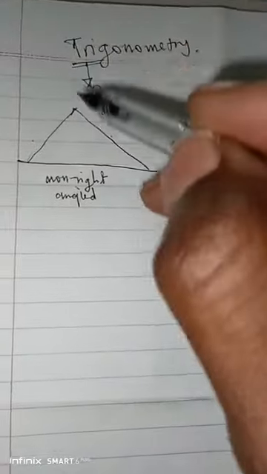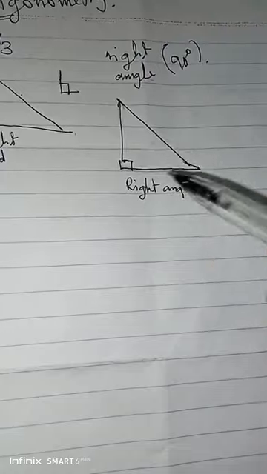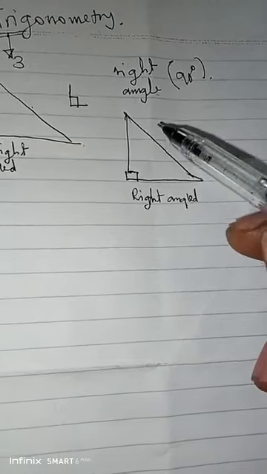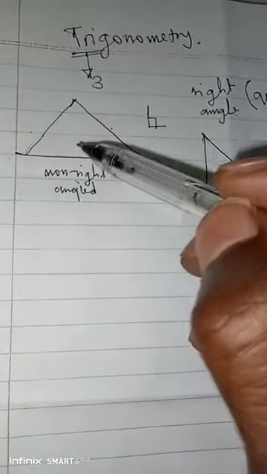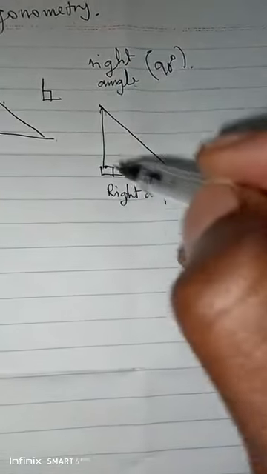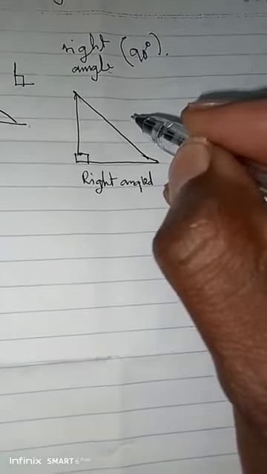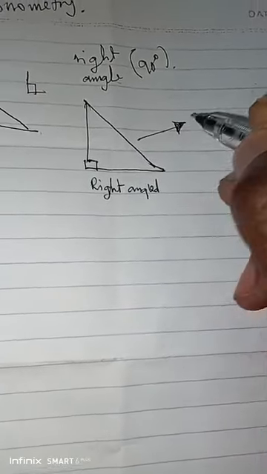Now, under trigonometry, the way we handle questions or discuss things about the right angled triangle is very much different from the way we handle things under non-right angled triangles. A good example is that when you are talking about right angled triangles, we normally connect them with what we call trig ratios.